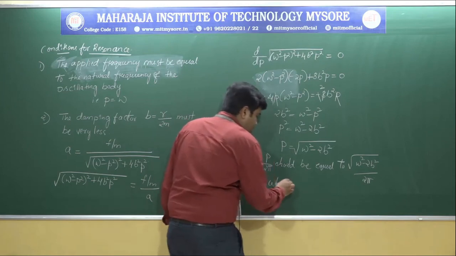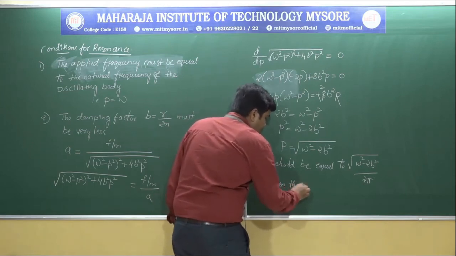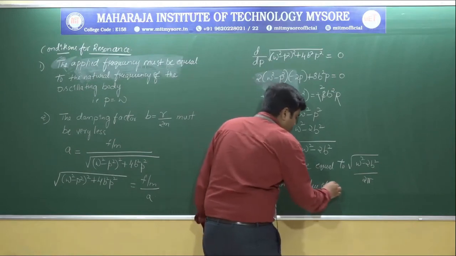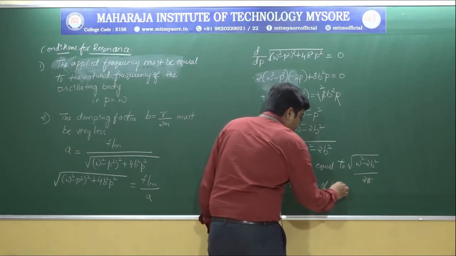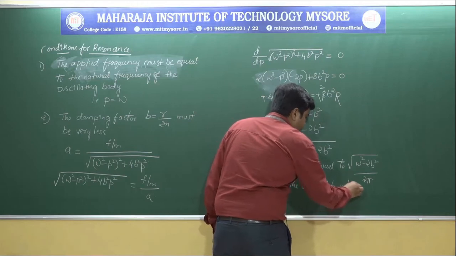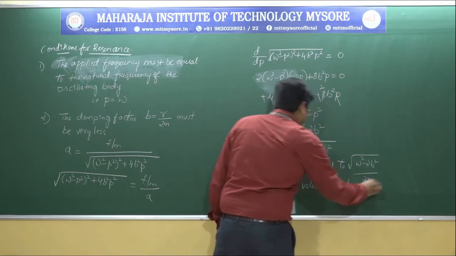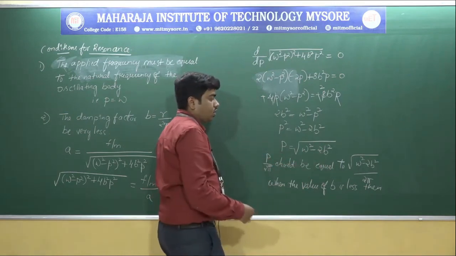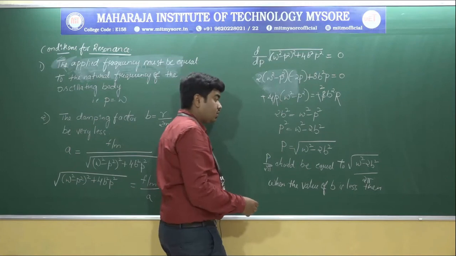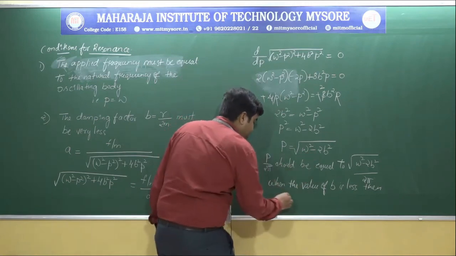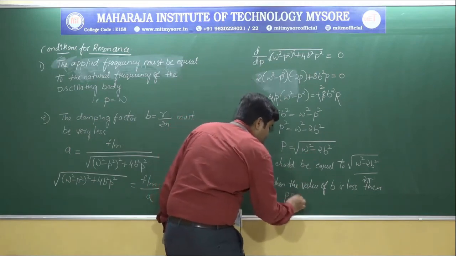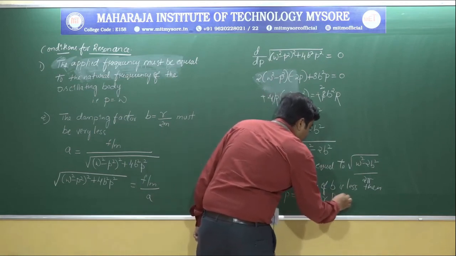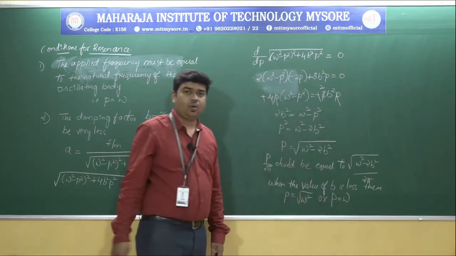When the value of b is less, or the damping factor becomes negligible, then this becomes P is equal to square root of omega square, or P is equal to omega.